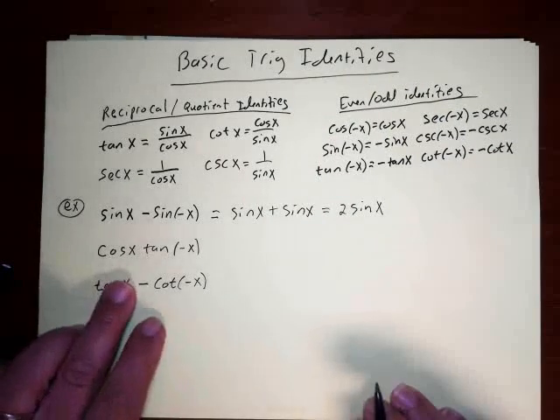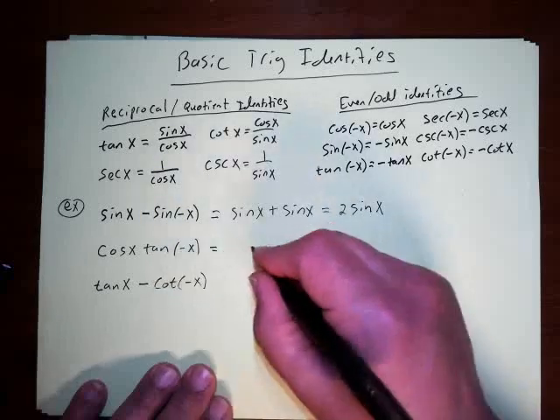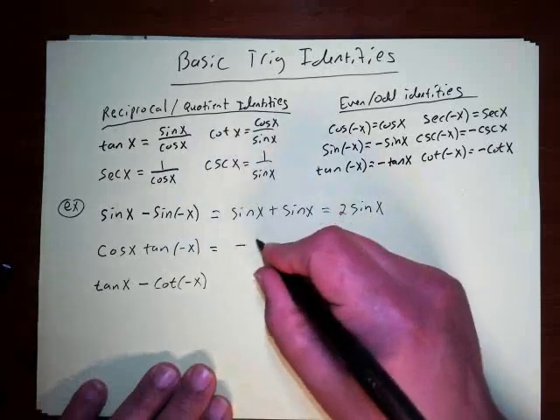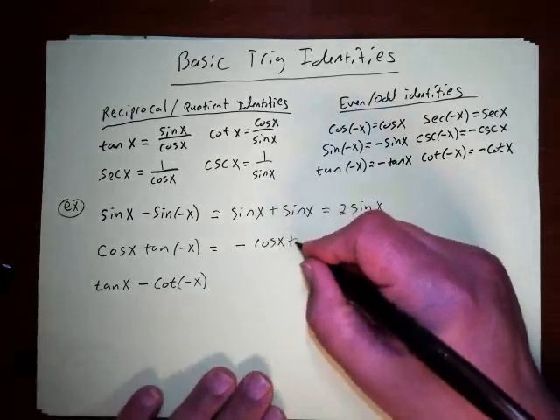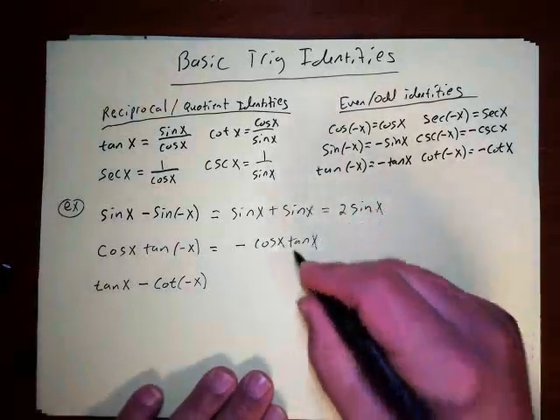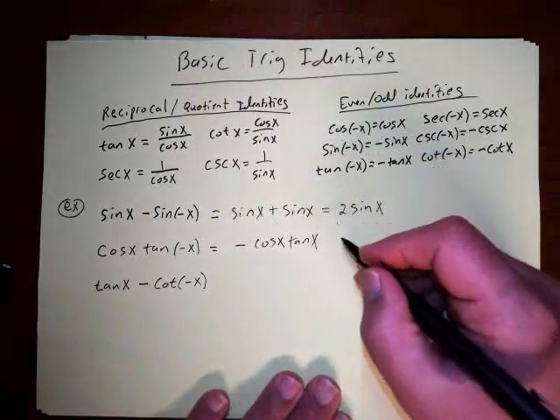So what about this? So I can take that negative sign and I can move it out, and I get negative cosine x tangent x. Now the tangent using the reciprocal identity can be written sine over cosine.